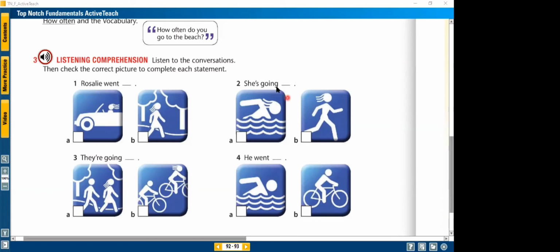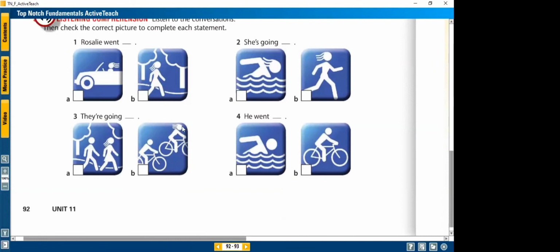Dania, can you please tell me what's the activity in here? She going swimming. And what's the activity in here? She go for a walk. Goes for a walk. Okay, only tell me the phrase, solo la frase. Okay, number 3, continue, Lilian.